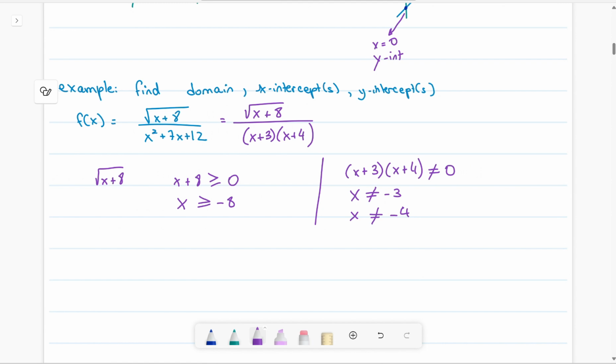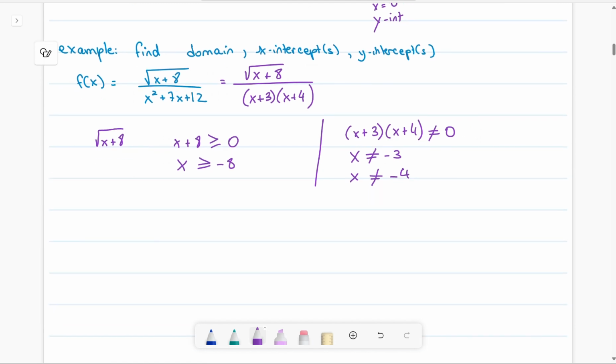Through these conditions, we will be able to write our domain. So maybe let's draw a number line to help us. We have negative 8, negative 4, negative 3, up to positive infinity. So we want all of this region except negative 4 and negative 3.